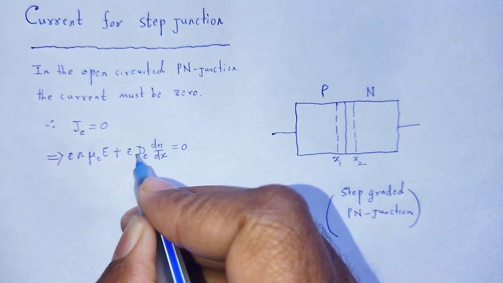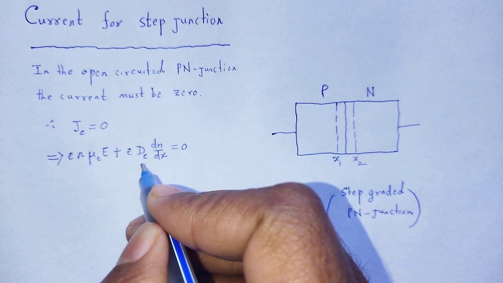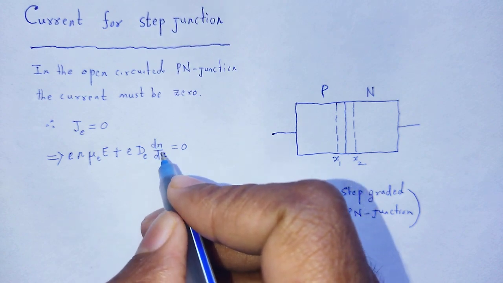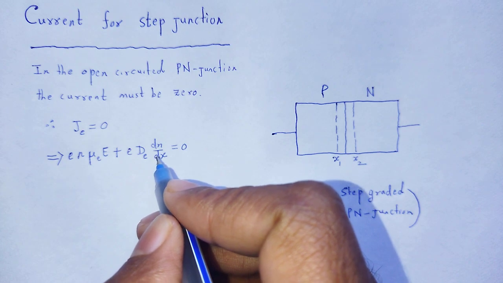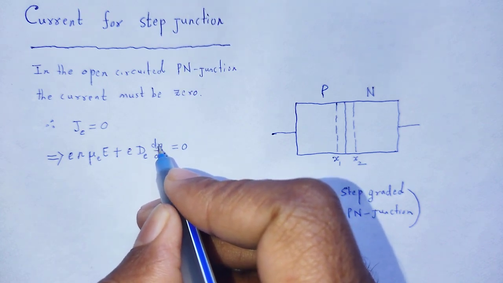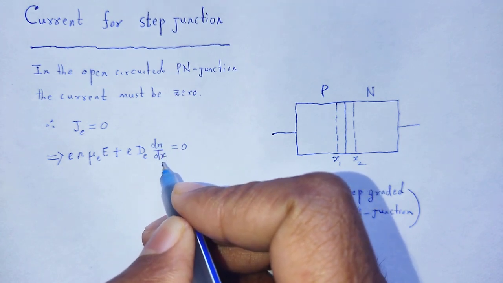Electronic charge, D e the diffusion constant for electrons, and dn by dx the gradient, how the electron density varies with distance.